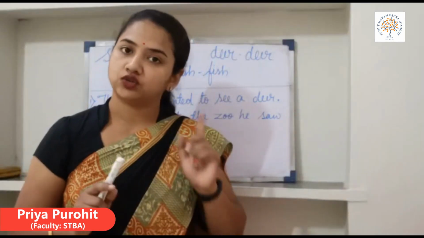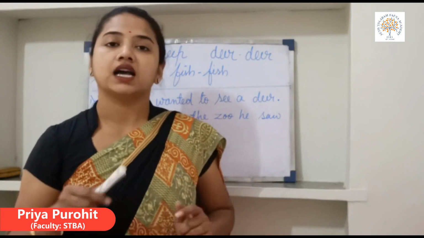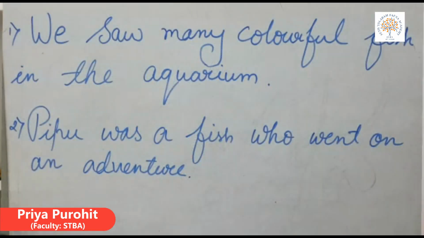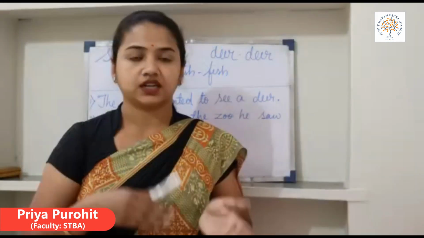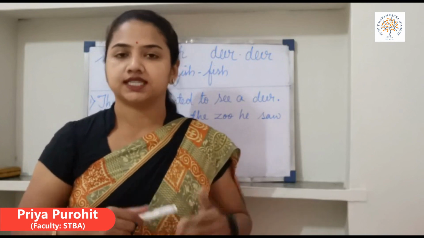but according to the sentence we can judge whether it is singular or plural. We saw many colorful fish in the aquarium. And the next is, Peepoo was a fish who went on an adventure. Here you can see that sometimes we use fish and sometimes we use fishes.